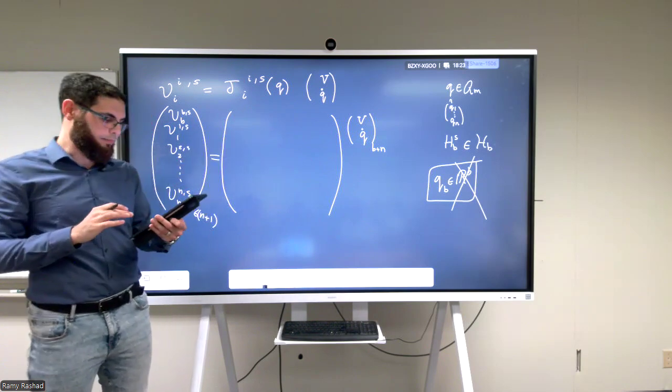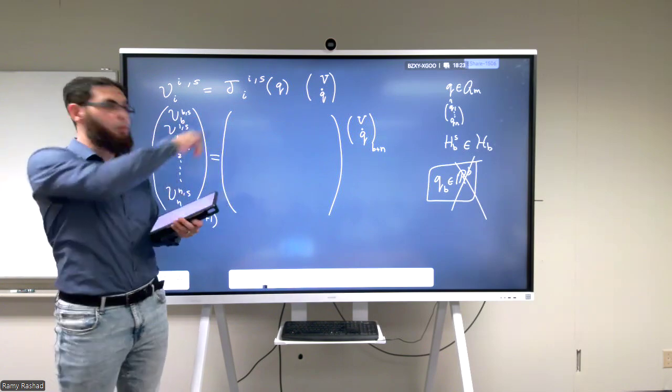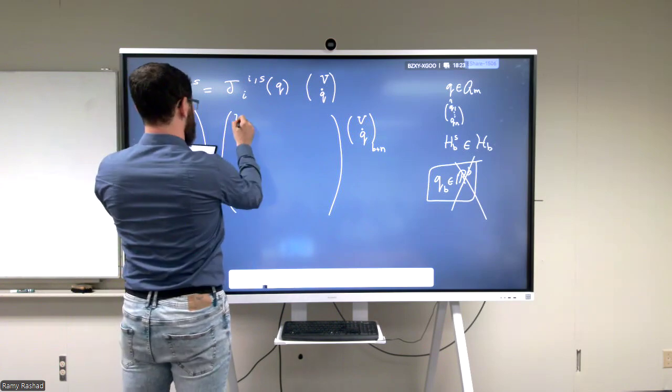Let me expand this. This will be a scary matrix, but again, you know where it comes from. Actually, most of it you already saw before, and I'm going to show you why.